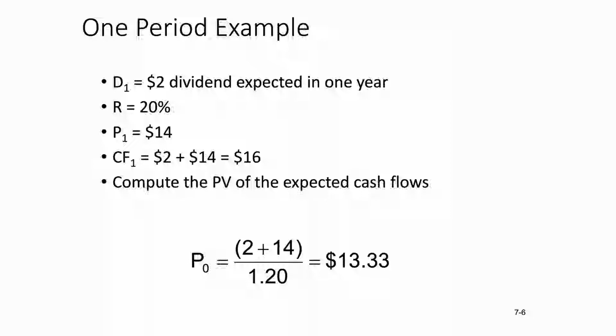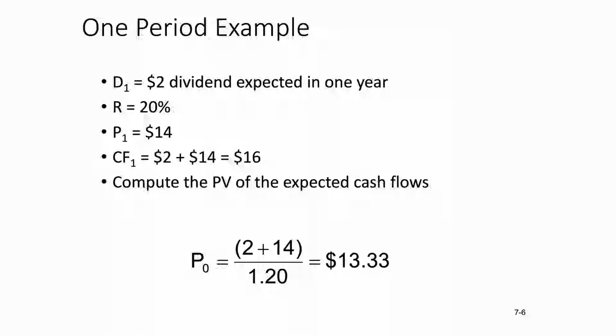So if you think about cash flows, at the end of period 1, the end of next period, you receive $2 dividend plus the selling price of $14. The total cash flow for you is $16.